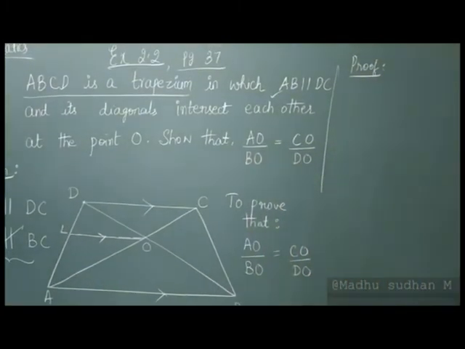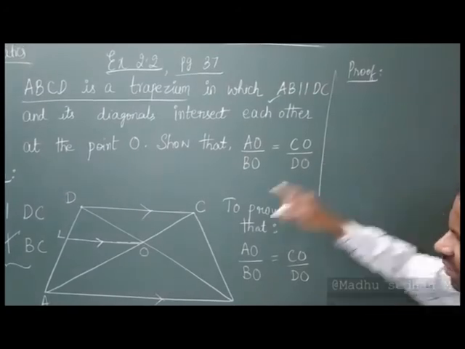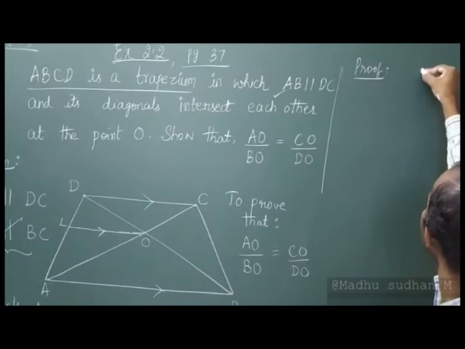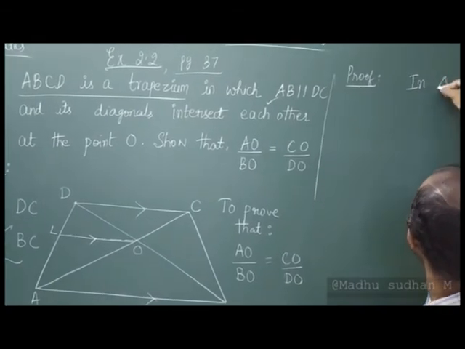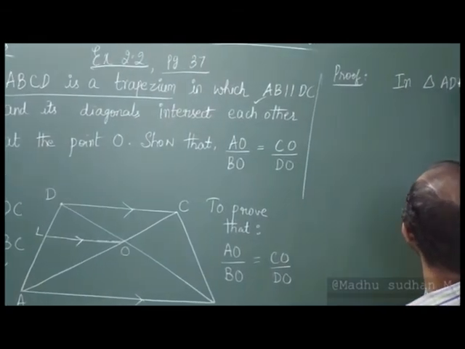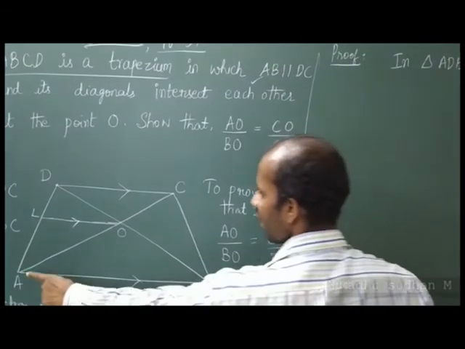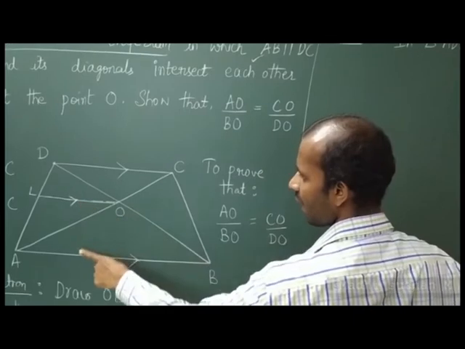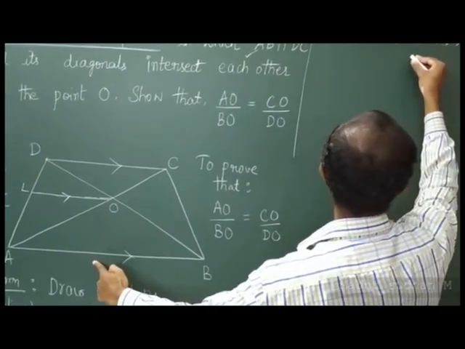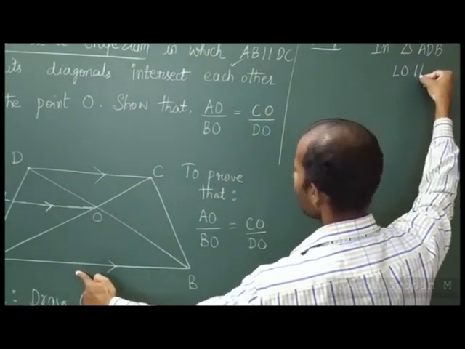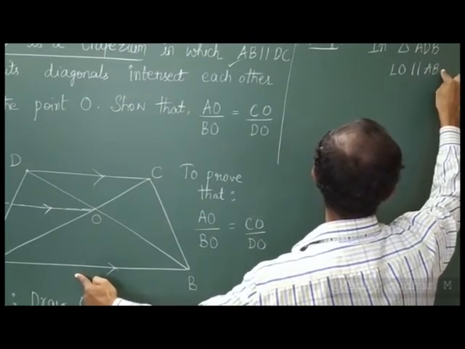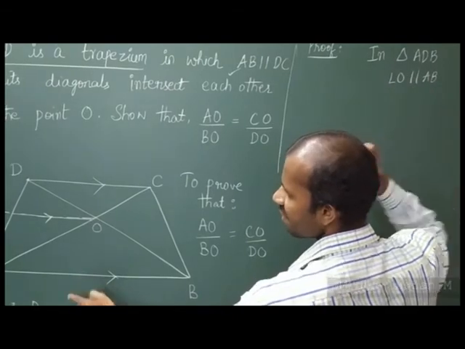Proof part. Since we have, I think we can take triangle ADB. So in triangle ADB, observe the triangle here. In triangle ADB, we have this line parallel to this line, right? So I can write LO is parallel to AB. So I can write BPT for this.